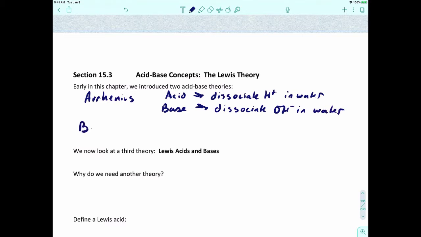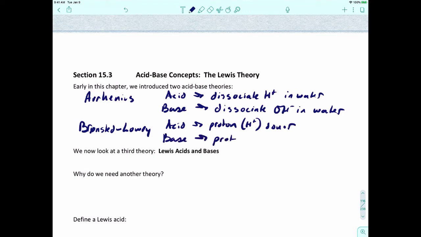And then there's also the Bronsted-Lowry theory, which said that an acid is going to be a proton or an H+ donor, and a base will be a proton acceptor.